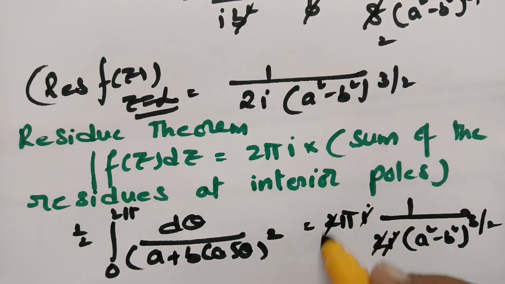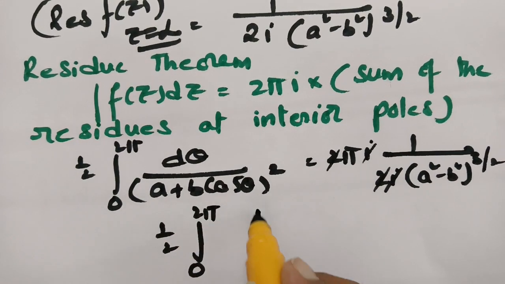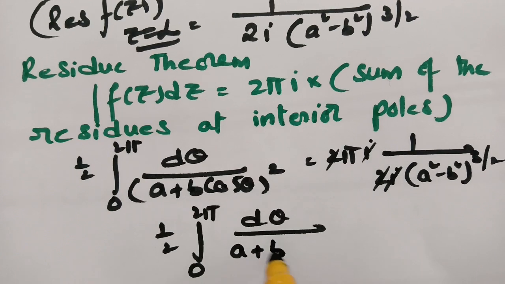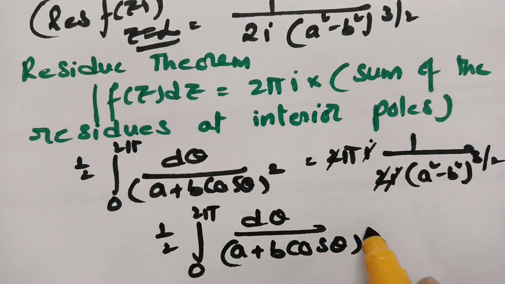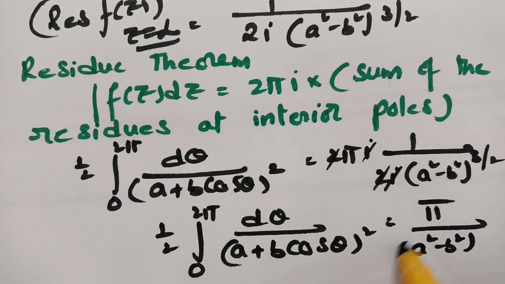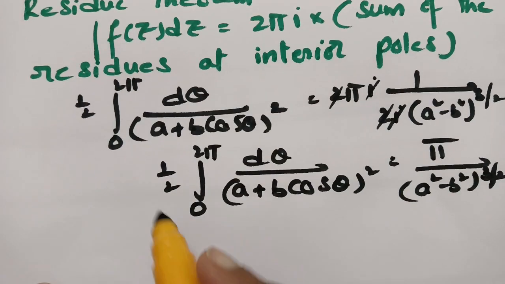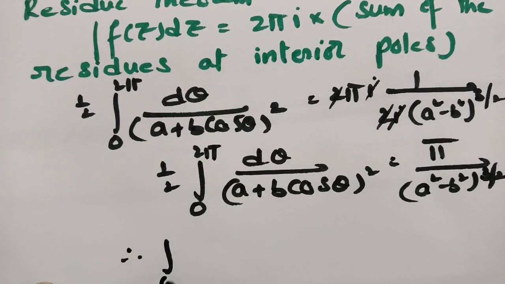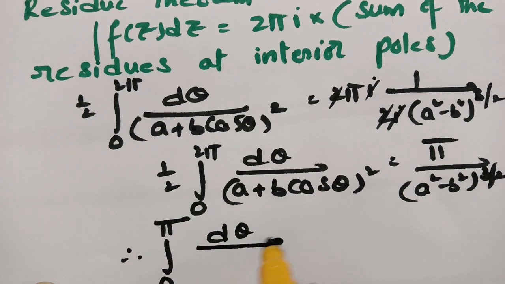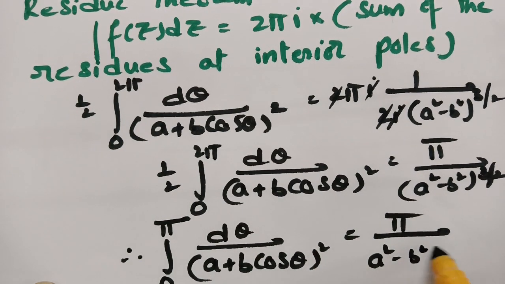This can otherwise be written as the integral from 0 to pi of d theta by a plus b cos theta whole square, which is again pi by a square minus b square to the power 3 by 2.